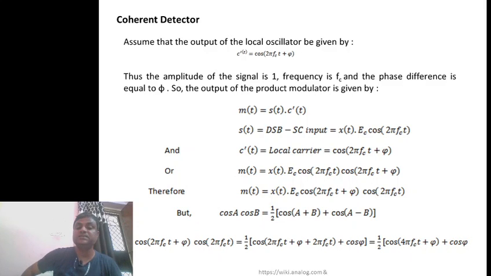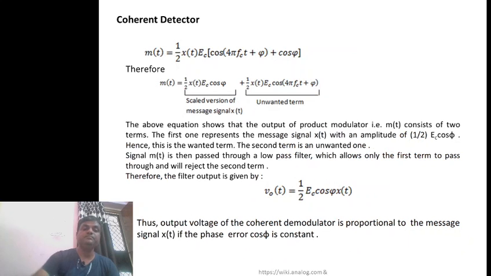Then we know the trigonometric formula for cos A cos B. By using this formula, it becomes 1 by 2 cos of 4 pi fct plus phi plus cos phi. So that is my final equation.